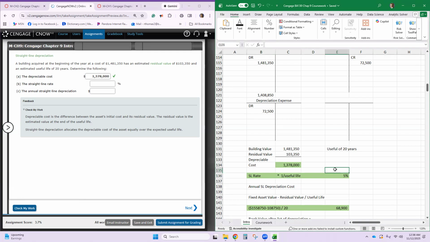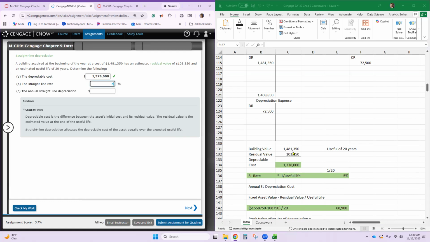So this is going to be 1 divided by 20, and you get 5%. 5% is the straight line rate. What that means is for the next 20 years, you're going to depreciate 5% of the depreciable cost.